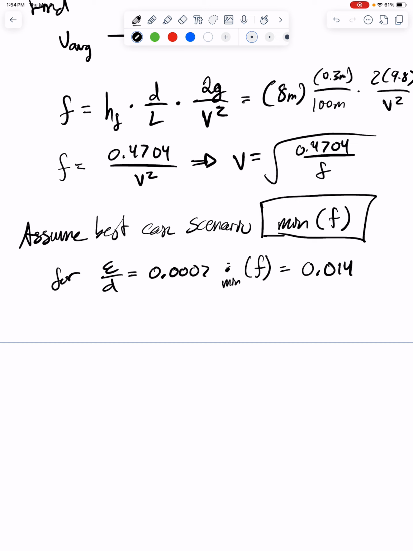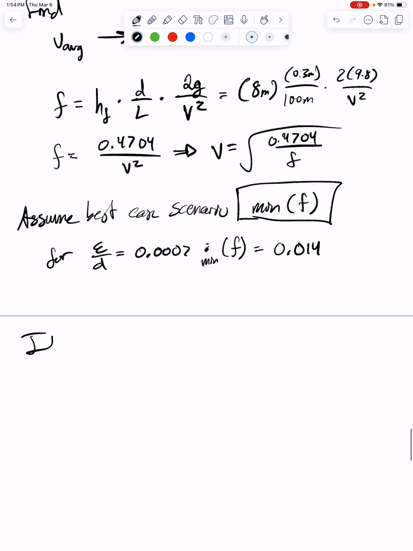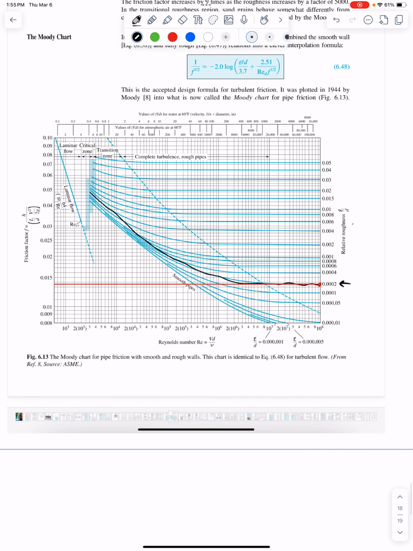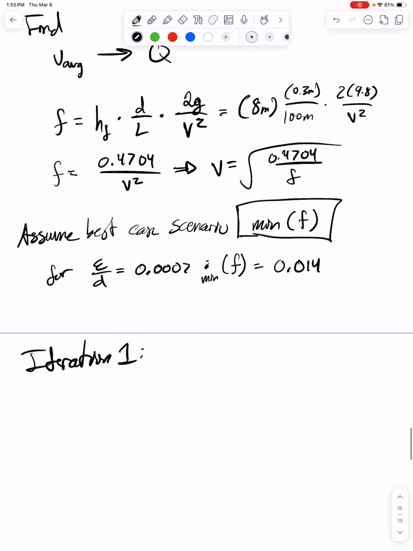What I mean by iterating is that we're going to guess a value for F. We're going to guess the best case scenario here, and travel up and down this black line until eventually we settle onto a point. That point is going to be our final answer. So let's do that. Iteration 1, F is equal to the best case scenario. If F is equal to the best case scenario, velocity is equal to the following.